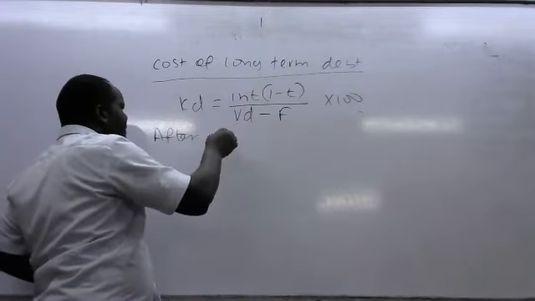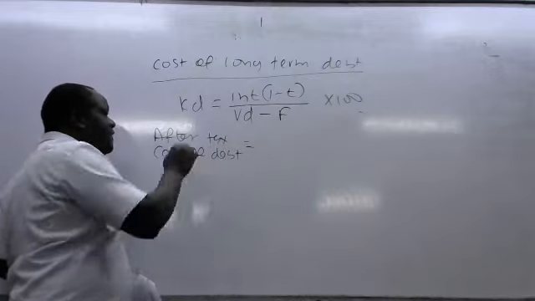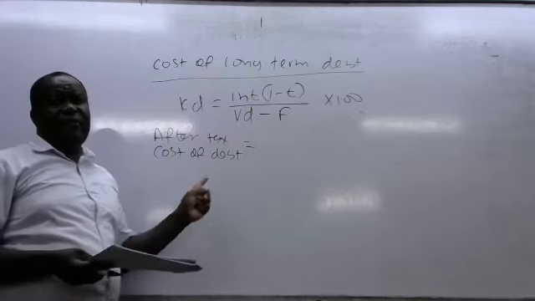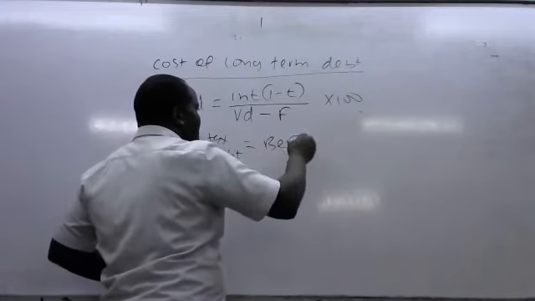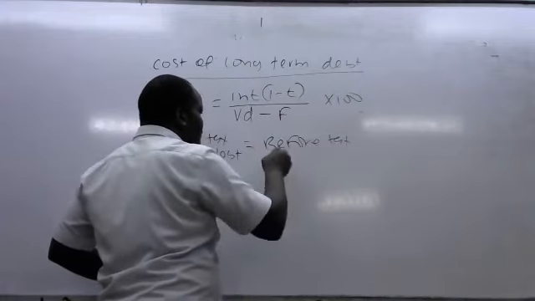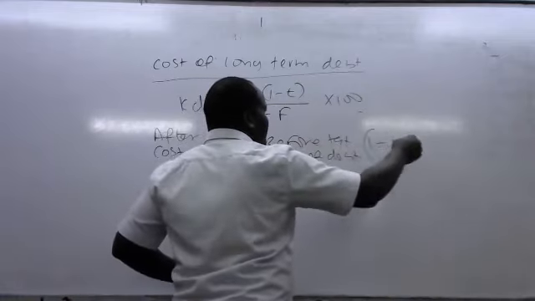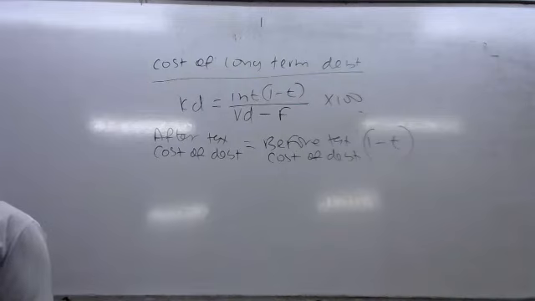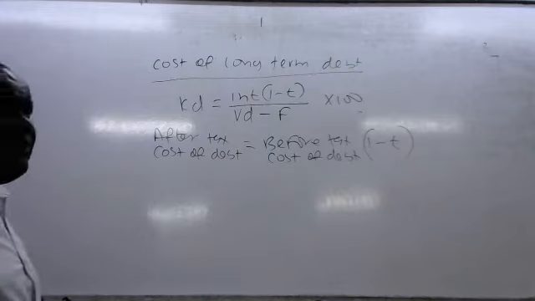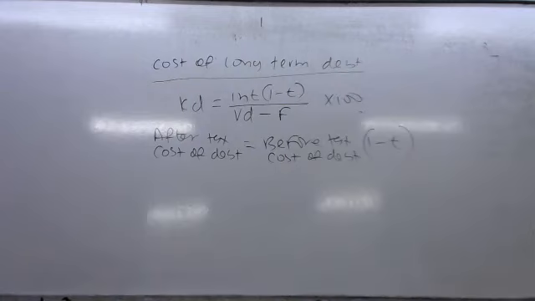It should be given by the before tax cost of the debt, then we multiply by 1 minus the tax rate.